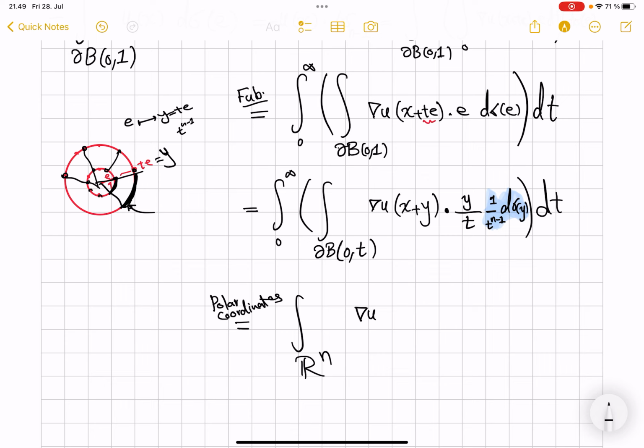One other thing I need to say here: when you pick y from here, d sigma of y, t is nothing other than the length of y. So in the denominator you have t, which is the absolute value of y, to power n minus 1. And then you have gradient of u at x plus y, dot y. And then this is now only dy.